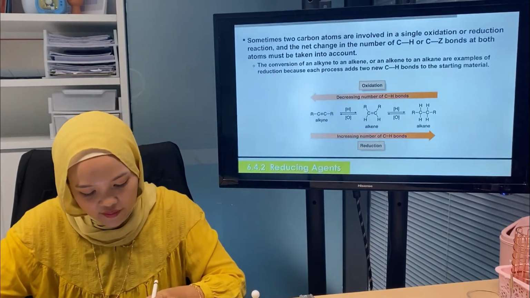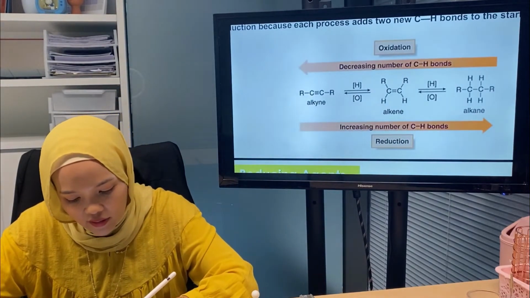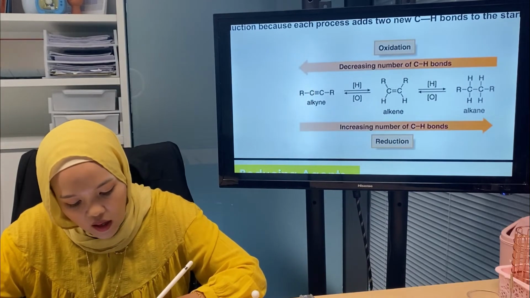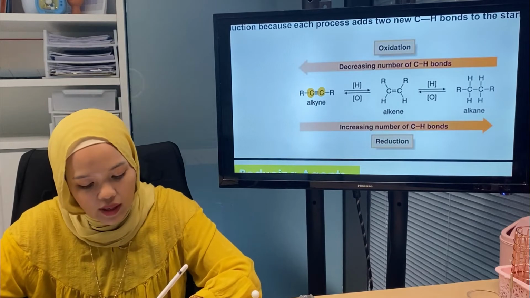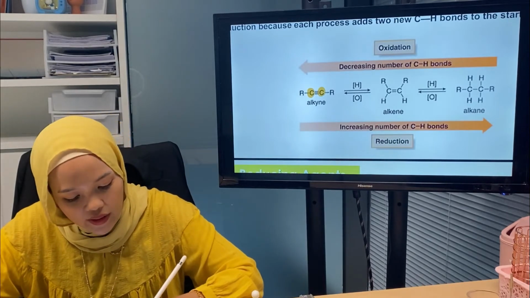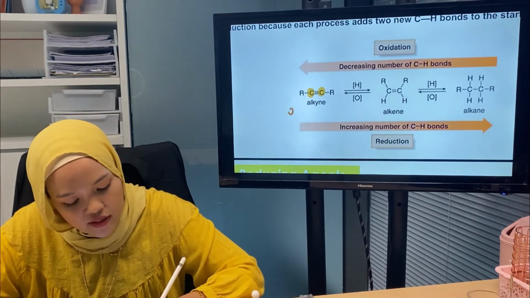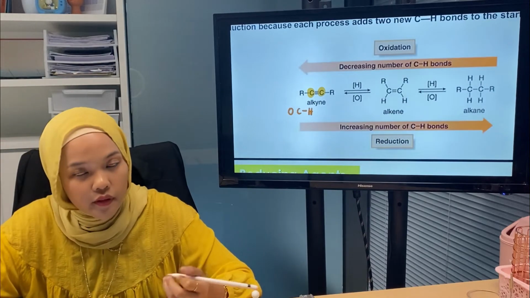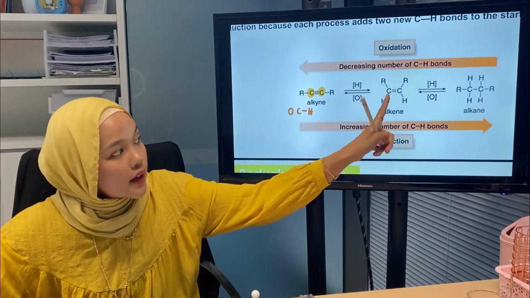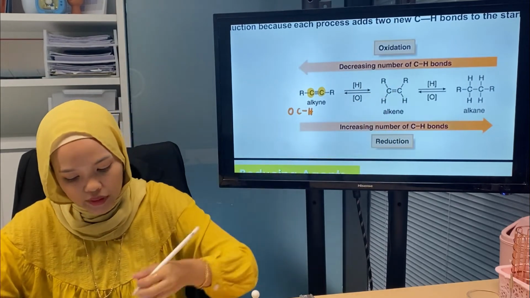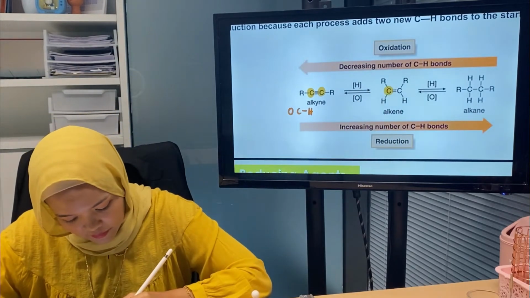Basically if you look at this alkyne here, around the carbon-carbon triple bond only, how many carbon-hydrogen bonds do you have? 0. I'm talking about the carbon here. But look at this carbon and this carbon.